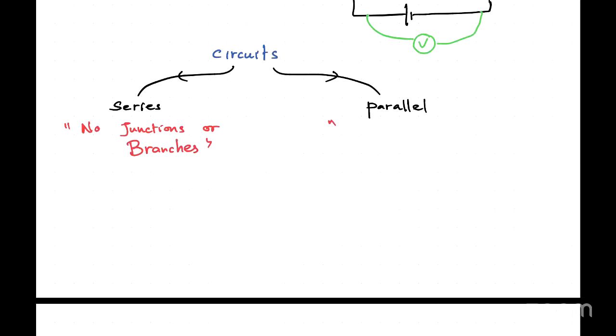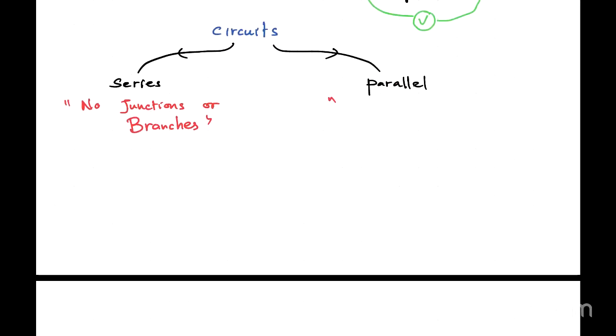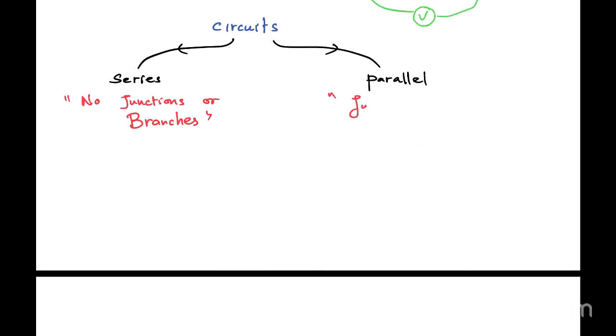And in parallel circuits, you do have junctions, and therefore you will be getting branches. Junctions and branches.